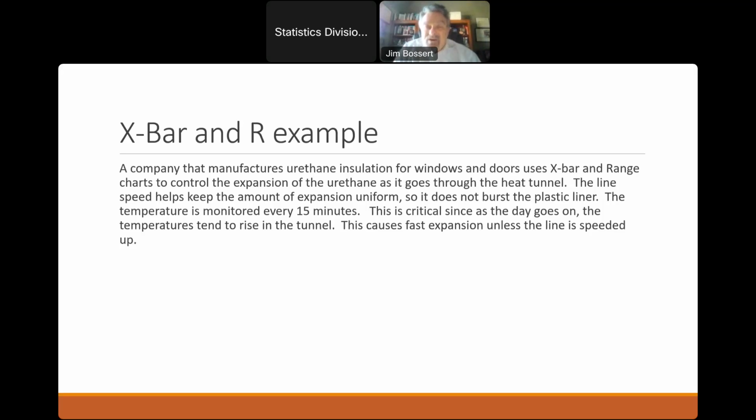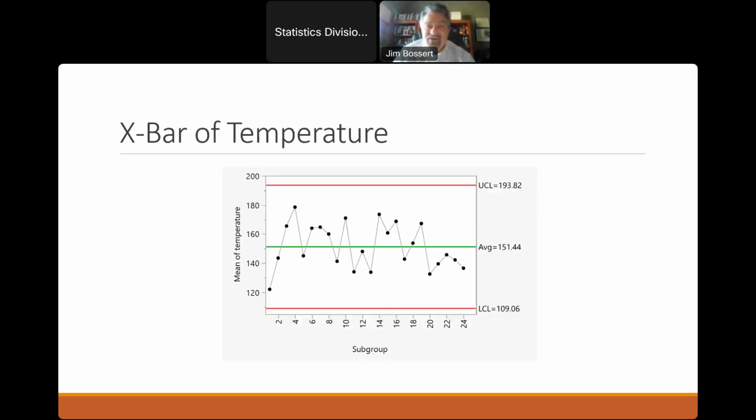So we have to monitor the temperature every 15 minutes. As the expansion goes through, we want to see this and make sure that there's no problems, because obviously if the urethane breaks the plastic outside of it and the mold forms a different shape, it can't be used. So using this kind of chart is very important.